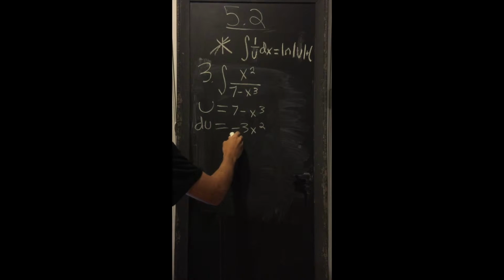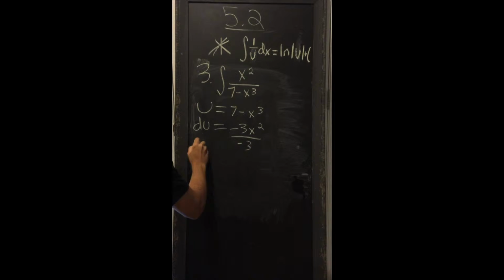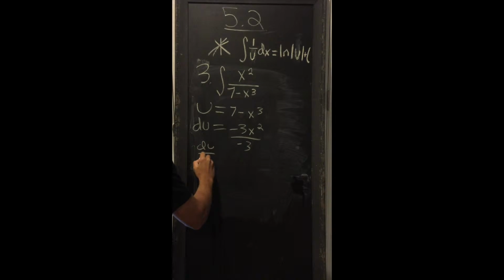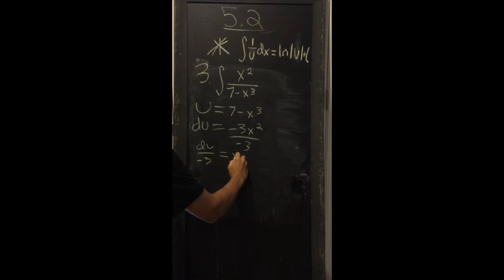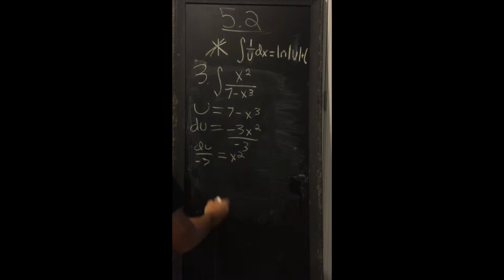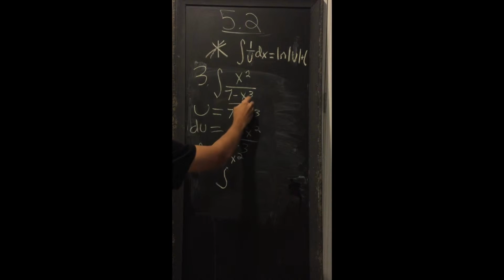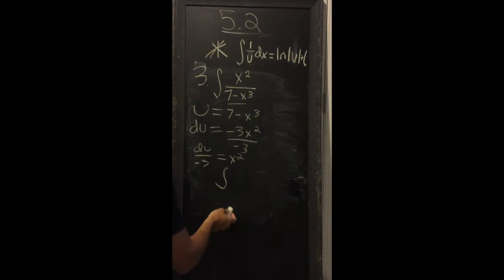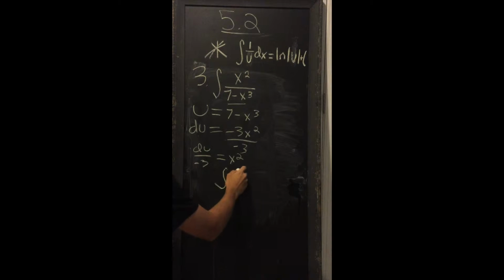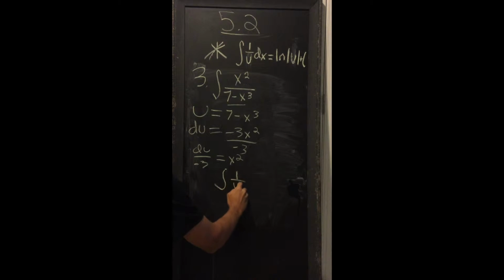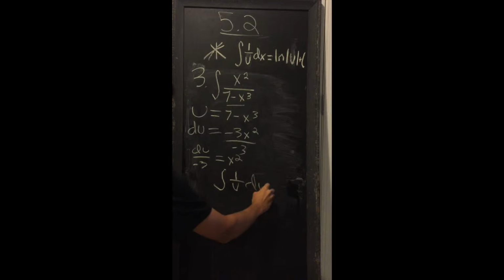So you're going to divide this by negative 3 to get du over negative 3 equals x squared. So then you're going to substitute u in for this expression and du in for this. So you're going to get the integral of 1 over u times du.